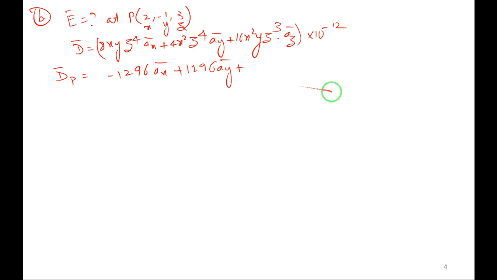So I'm getting it as minus 1728 az pico, 10 power minus 12 coulomb per meter square.